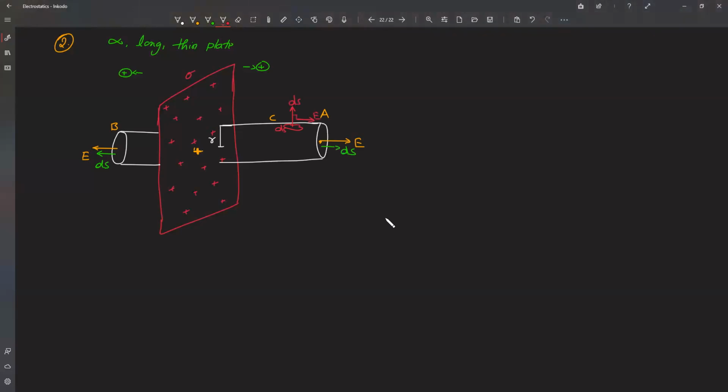So the angle between the electric field and ds is 90 degrees here. From the previous example, you must be clear by now that E dot ds will be 0, not the electric field. E dot ds will be 0.